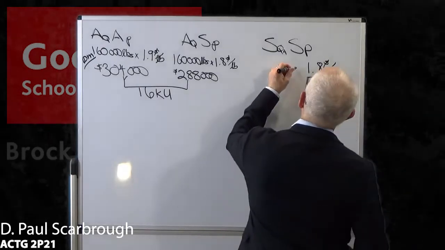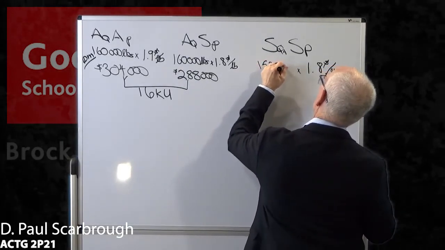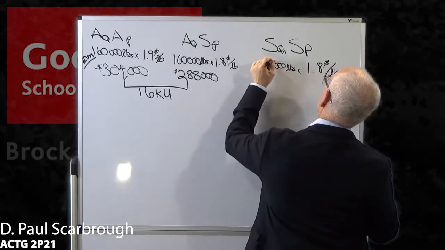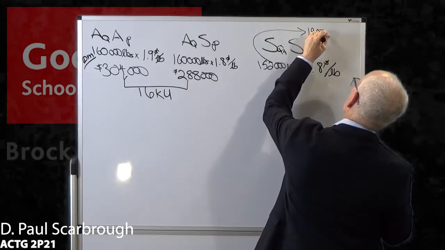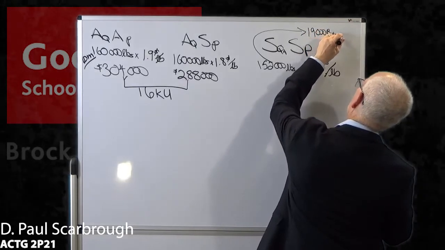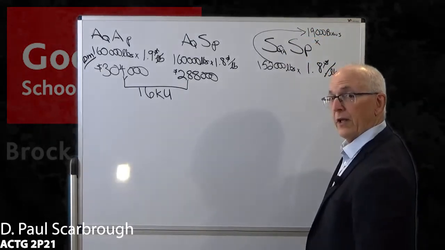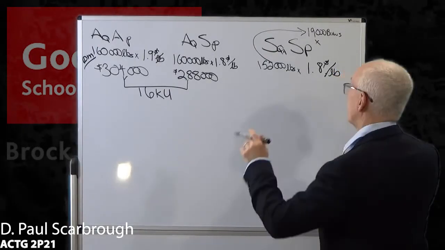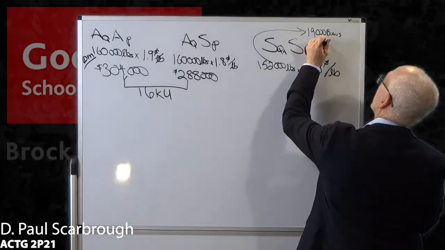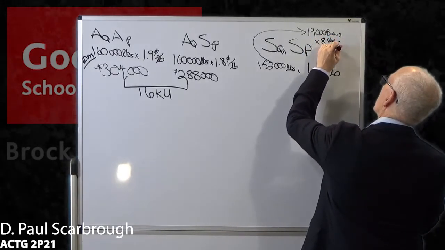So this is 19,000 bows times, and the standard cost idea is 8 pounds per bow. Notice I will put the units here, 8 pounds per bow.